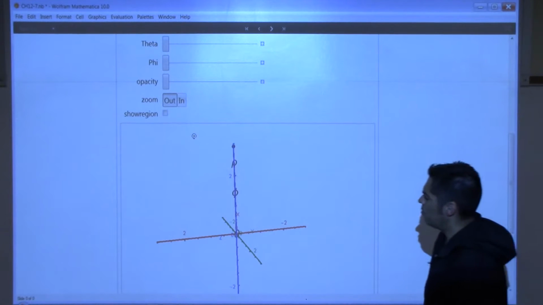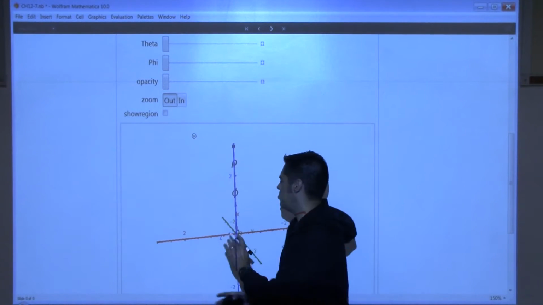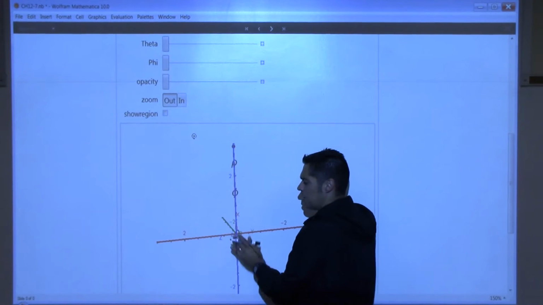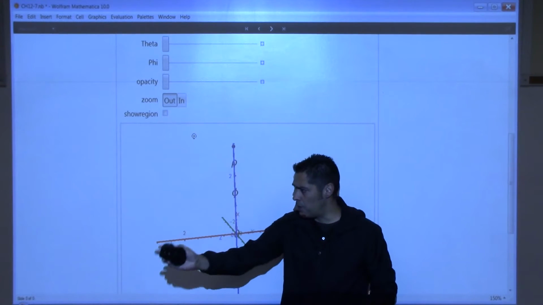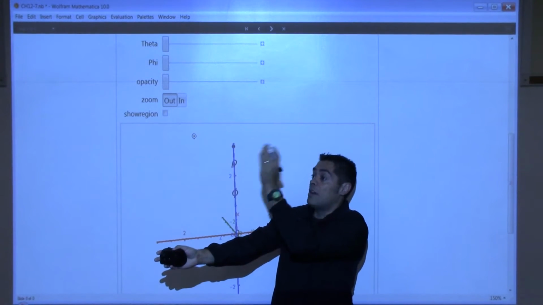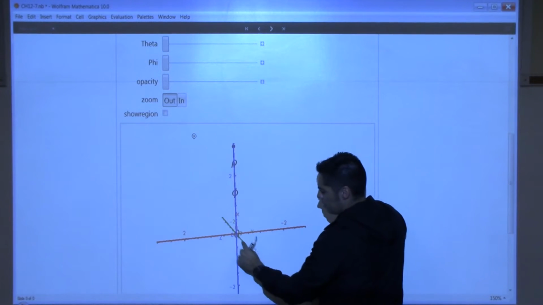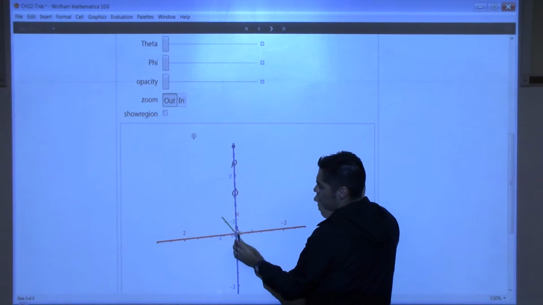And imagine that you are standing at the origin and you're looking straight up the z-axis. And you're orienting yourself where you're not only looking up the z, but if you look straight down, you'll be facing the x-axis. So here's the x-axis, here's the y-axis, here's the z-axis. So you're looking straight up.